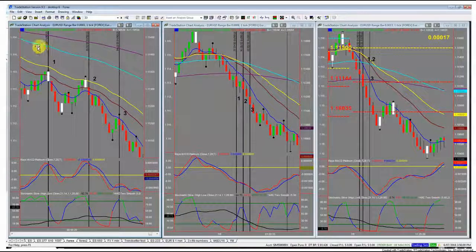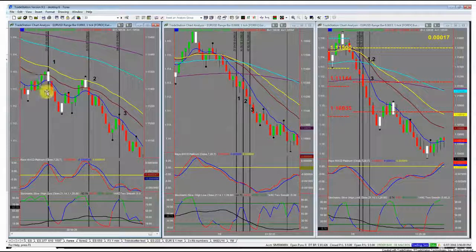So very quickly, we're looking at the euro dollar here. Now this is the 3 range. I really like the 3 range for trading Forex, and then we've got the 8 range, and the 13 range, a much slower chart.